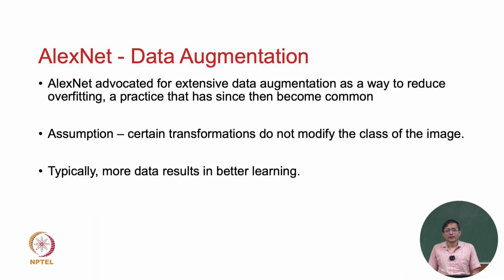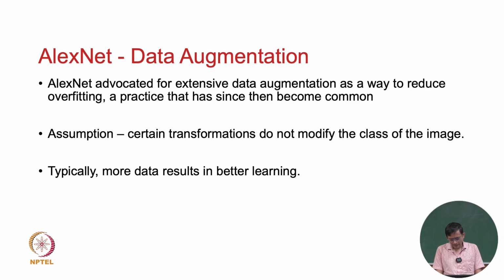Similarly, AlexNet also advocated extensive data augmentation. They say that this is a way to reduce overfitting, and since then, as we'll see in this course many times, data augmentation has become a norm.